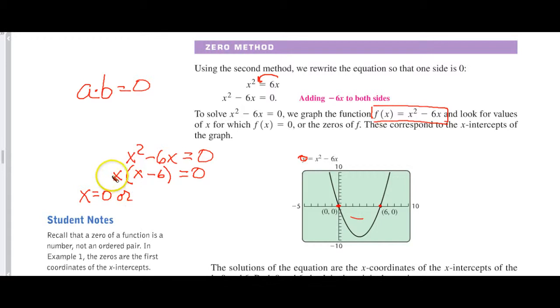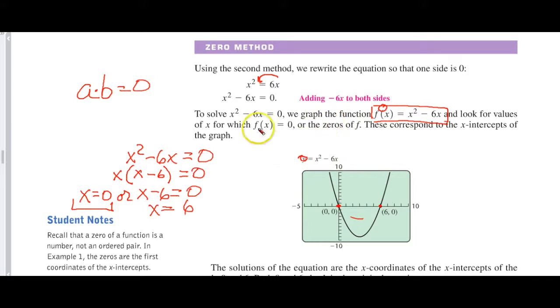And we usually write it this way. x is equal to 0 or x minus 6 equals 0. So here, x equals 0, that's one of the solutions. And here, x, when we transpose the 6, the negative 6 becomes a positive 6, and there are our answers. x is 0, x is 6, when y over here is 0.